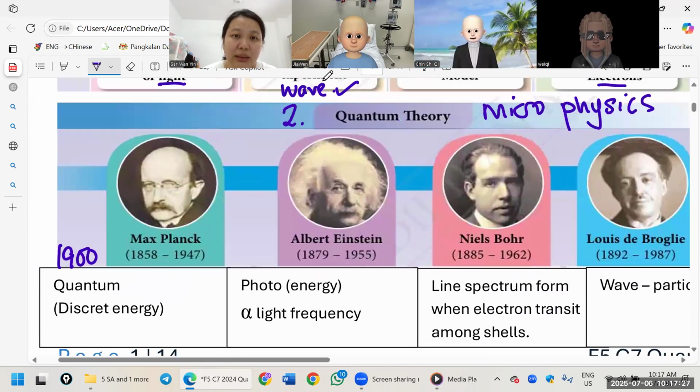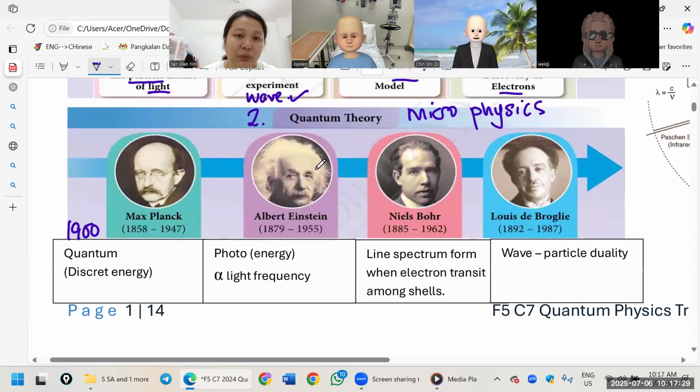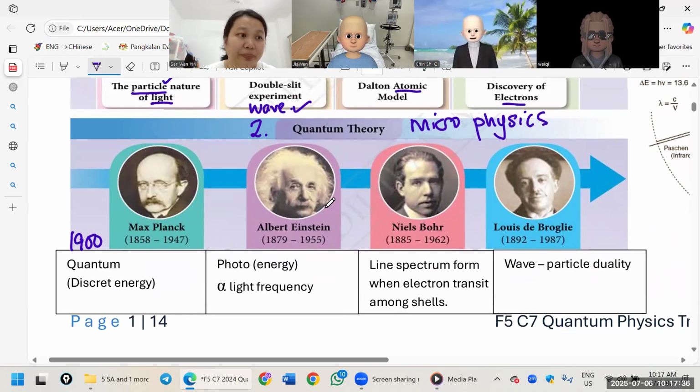So now actually no one can say they really understand quantum theory. It's still a very new field in physics. But if you want to study this, you need to have a lot of skill in maths.